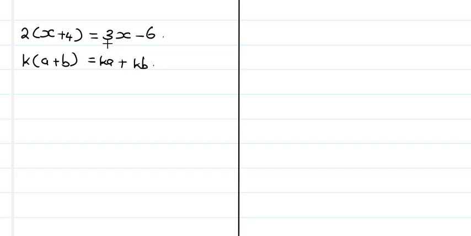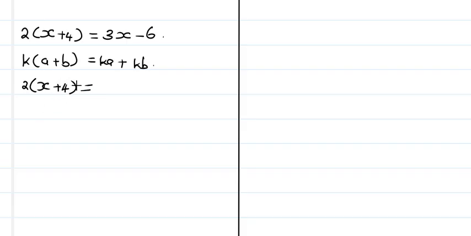Now replacing these variables with the real values from the brackets, 2 takes the place of k, x takes the place of a, plus this 4 takes the place of b, so it becomes like this.